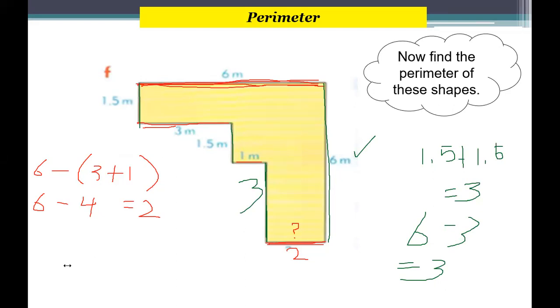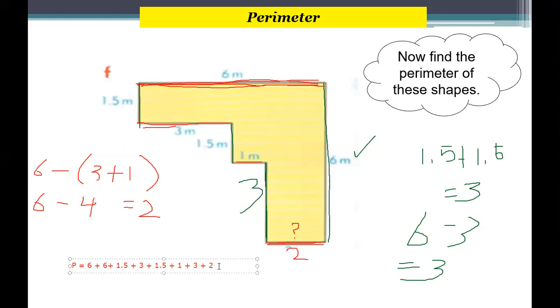What is the perimeter now? So 6 plus 6 plus 1.5 plus 3 plus 1.5 plus 1 plus 3 plus 2.